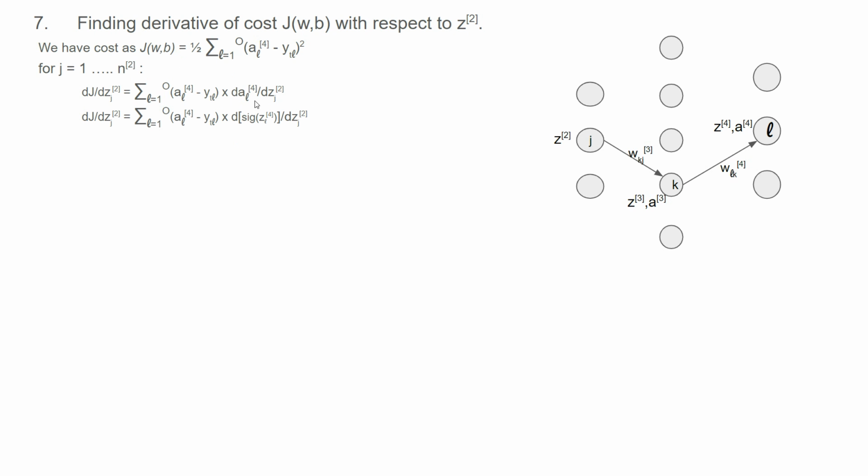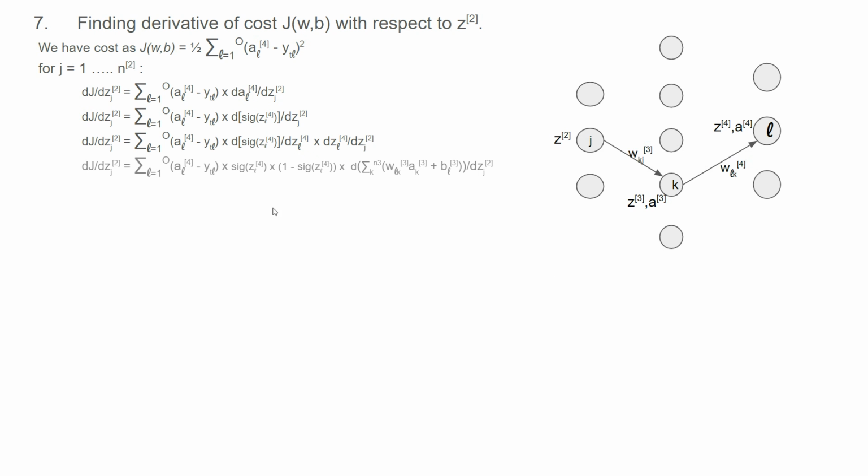Now substituting a_L4 by sigmoid of z_L4 and applying the chain rule, breaking with respect to z_L4, the derivative of sigmoid of z_L4 will obviously become sigmoid of z_L4 into 1 minus sigmoid of z_L4, and z_L4 itself is substituted with the forward propagation equations, that is this summation.